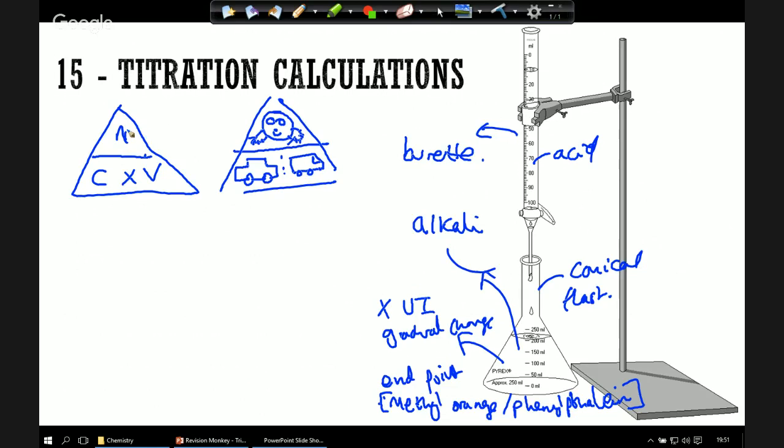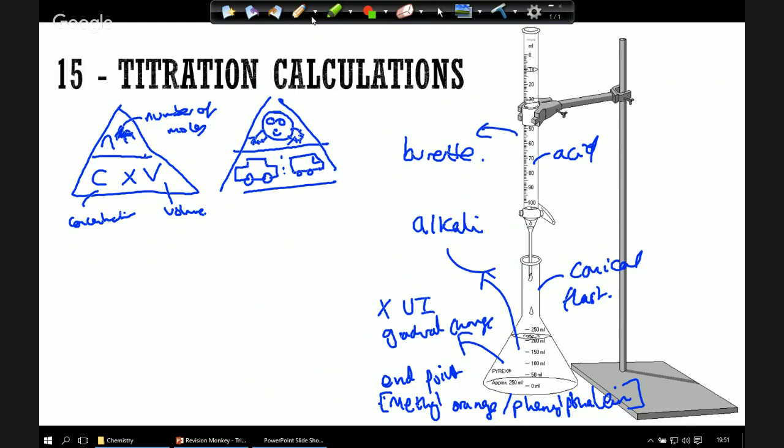Okay, so you could write M here for mole if you want, or numbers of mole. So that's the kind of idea we want. I tend to use N for the numbers of moles, C for concentration, and V for volume. Okay, so moles over cars times van, or moles over concentration multiplied by volume.